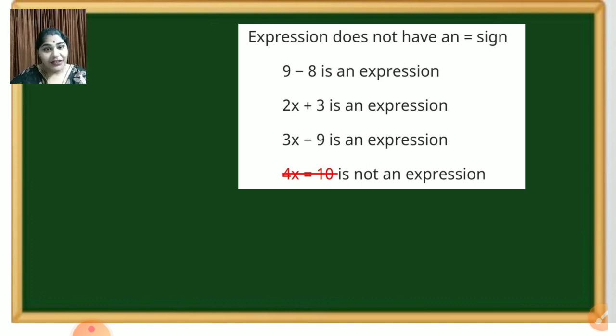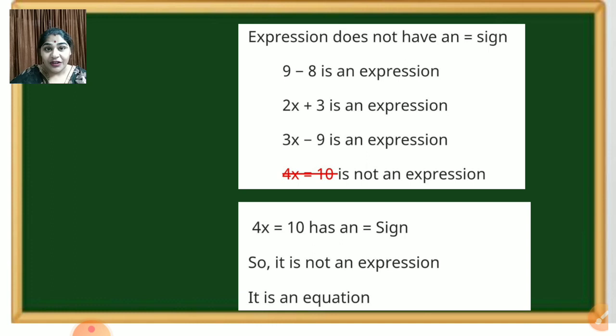When there is an equal to sign along with constants and variables, and the left hand side value is equated with the right hand side value, then it is known as an equation, children, not an expression. We have already seen this last year, right? So I think you are all aware now of what is an expression and what is an equation.